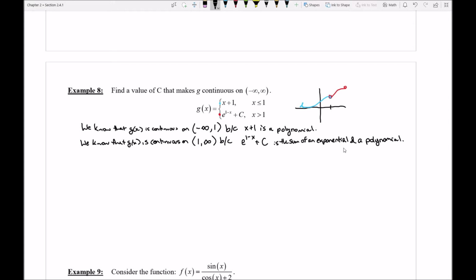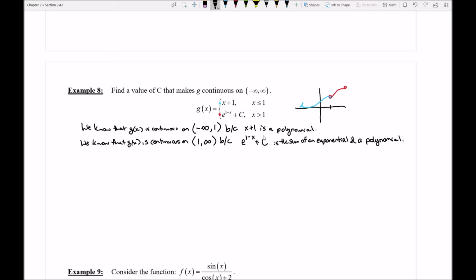Now, the weird part for some people is the polynomial. Remember that a constant is actually the same thing as a polynomial. It just has an x raised to the 0th power right after it. So this is considered a polynomial.